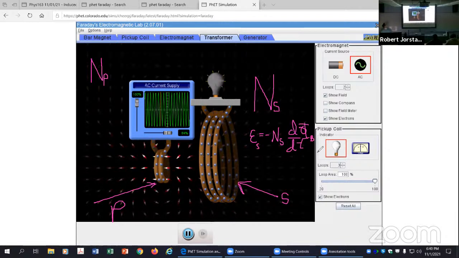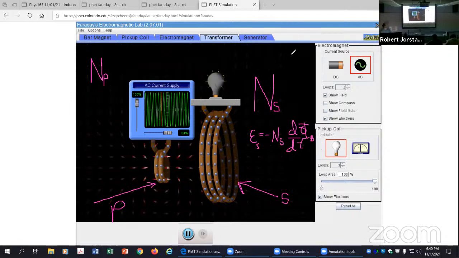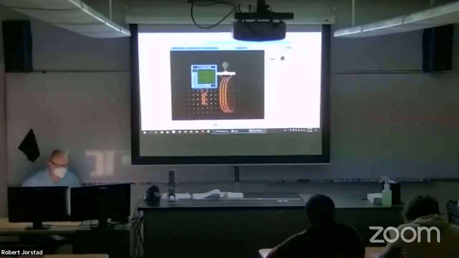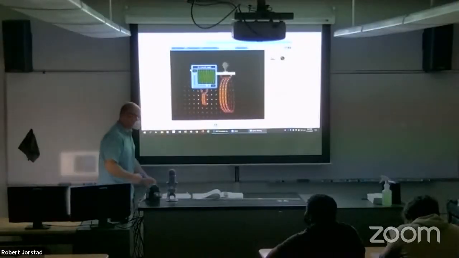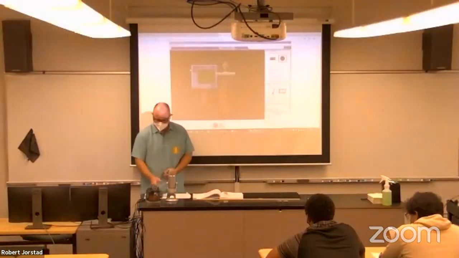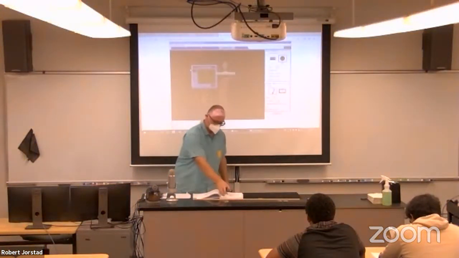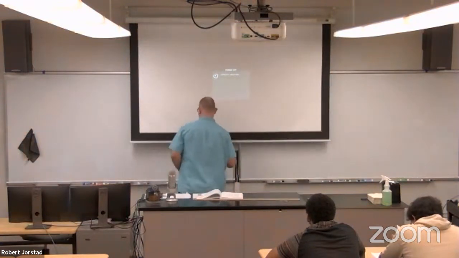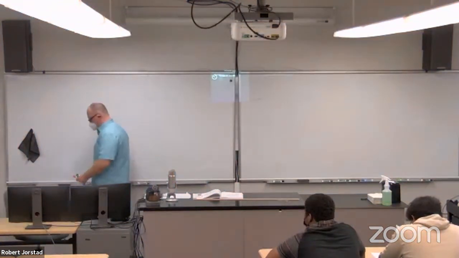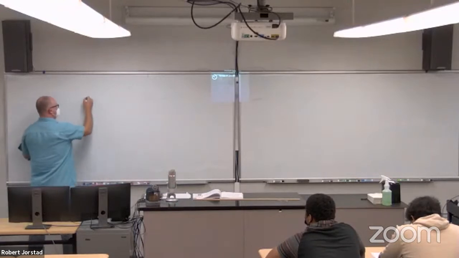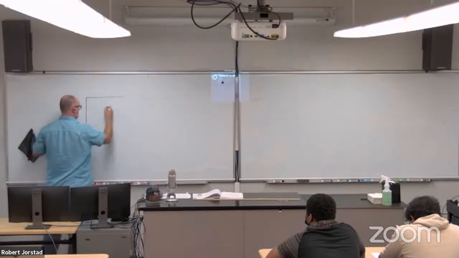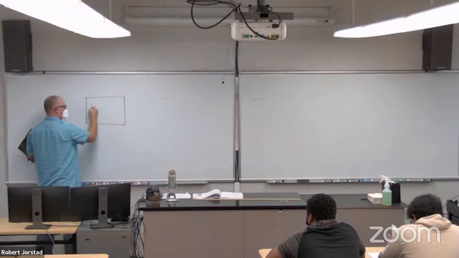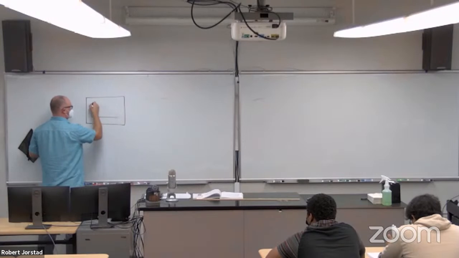So why does this save the power company money? Well, let me show you here. Let's go to the whiteboard. Sorry, I should have warned you there. Okay. So the classic example of a transformer is you can enhance the magnetic flux transferred by using a square loop of iron.